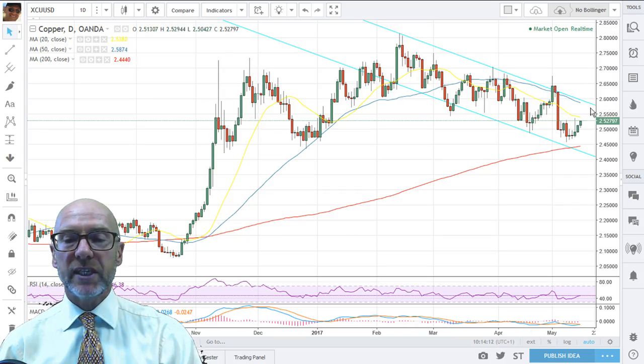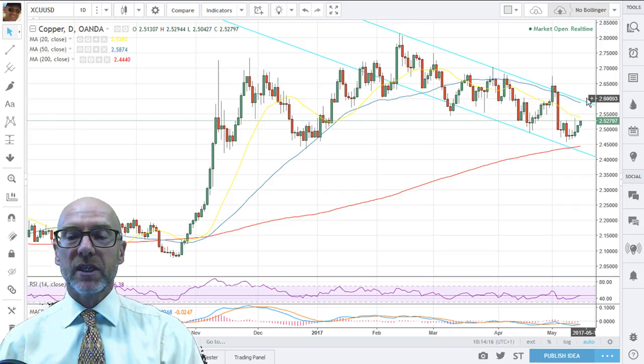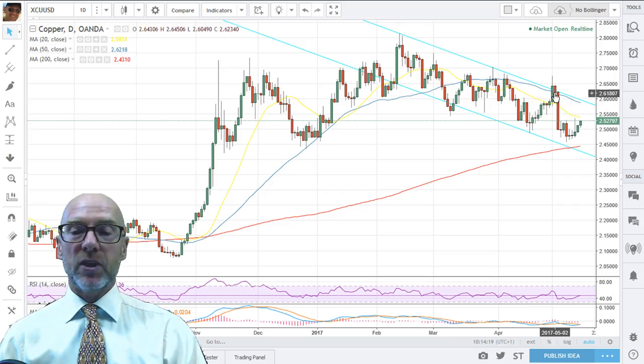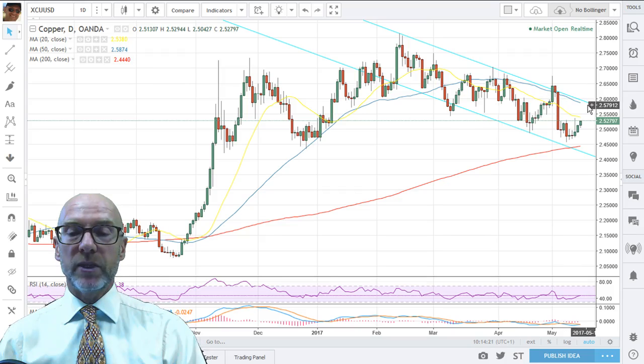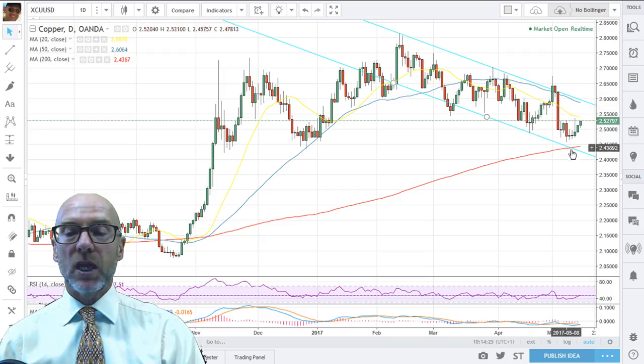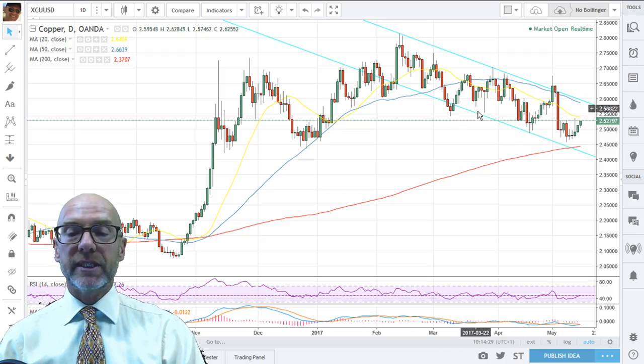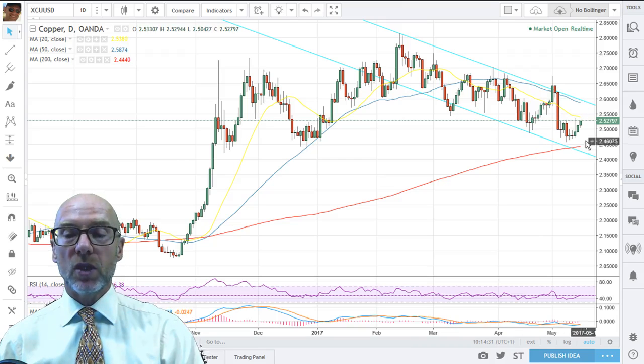Apart from one day, you can cut out those two that were in that downtrend, and then I cloned that line to create the lower boundary. You can see quite clearly we're getting this pattern of lower lows and the pattern of higher lows.